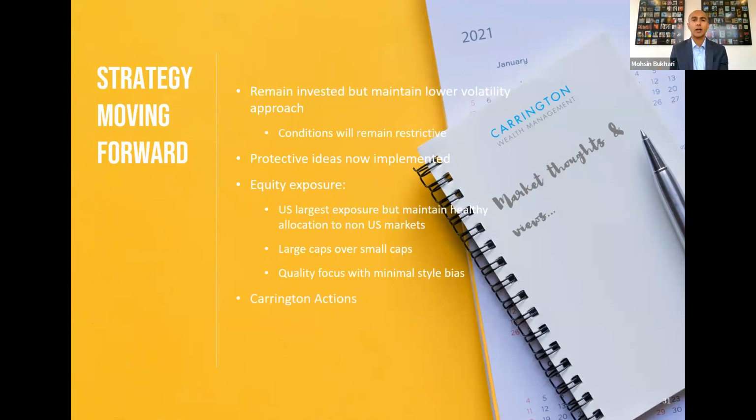In terms of actions, we've implemented a lot of what we wanted to do. As some of you would know, we were very active last year as the new environment was unfolding, and we have been implementing our ideas around protective strategies, as I mentioned. So at the moment, we don't really have many plans for the portfolios, as in immediate changes.